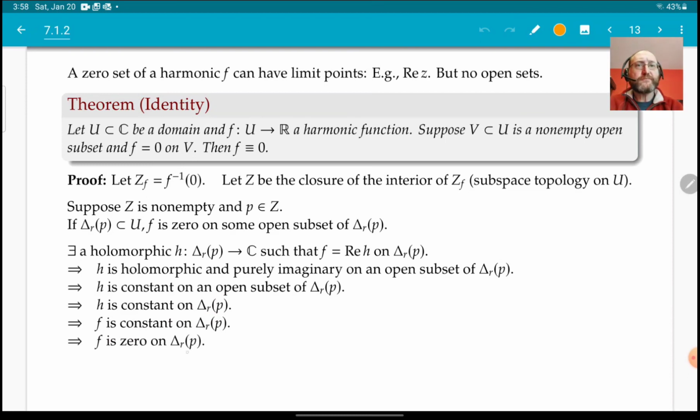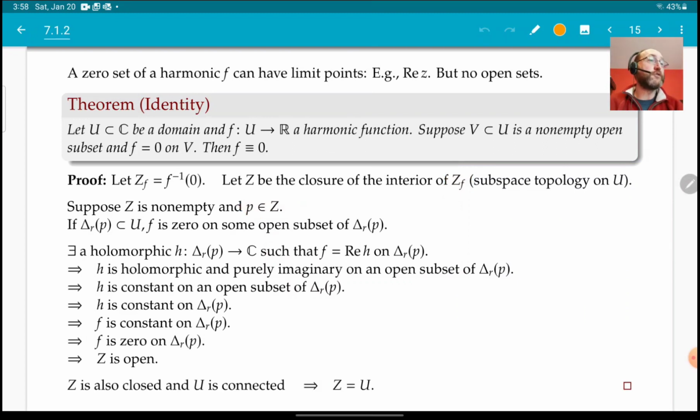Well, f was actually 0 somewhere on the disk, so if it's constant, it's actually 0 everywhere on this disk. So therefore, Z is open, because for any point p in Z, we found a little disk that's actually inside the zero set, so that's in the interior of Z_f. So therefore, Z is open.